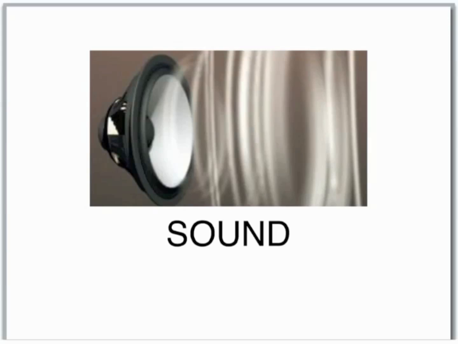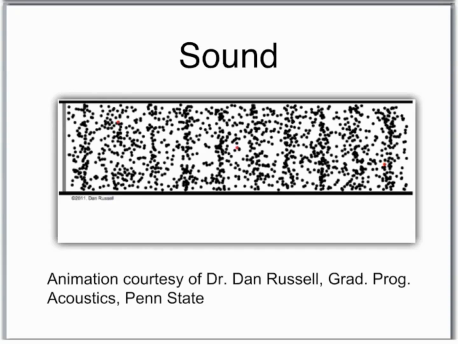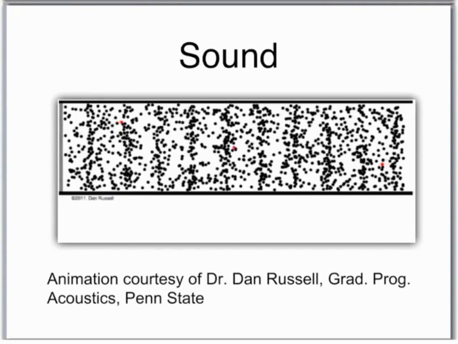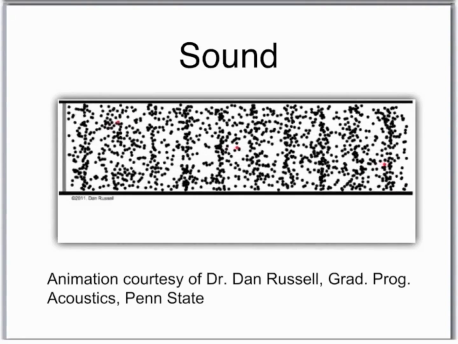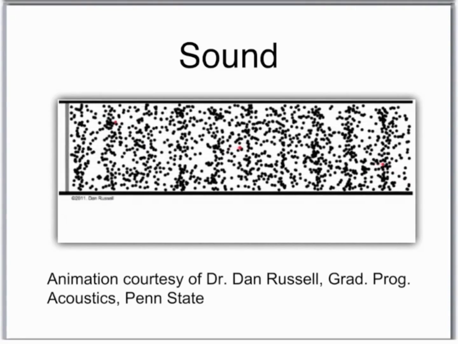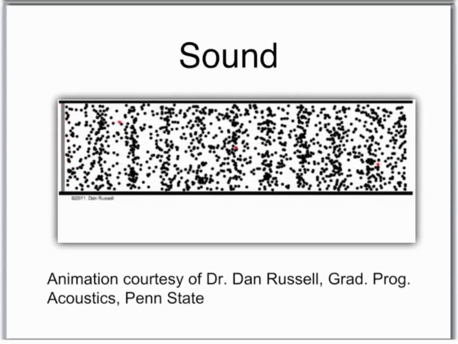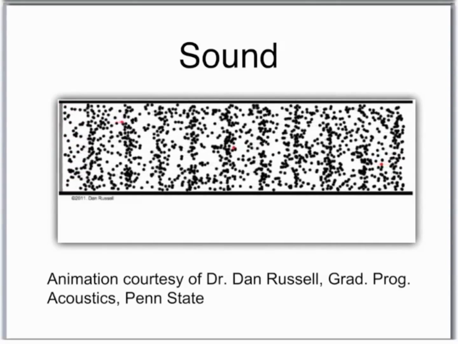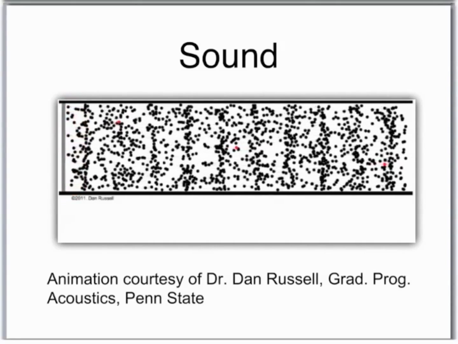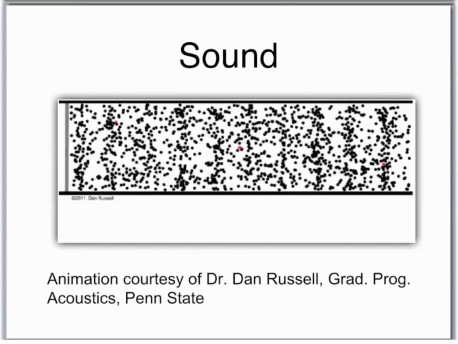All right, this brings us to sound. We've talked about waves, and one of the prime examples of a wave is sound. So here's an animation of a sound wave. On the left, we have a speaker vibrating, and it is compressing the medium, air molecules. Those compression waves are traveling along the medium.